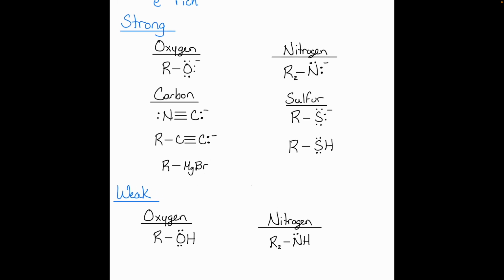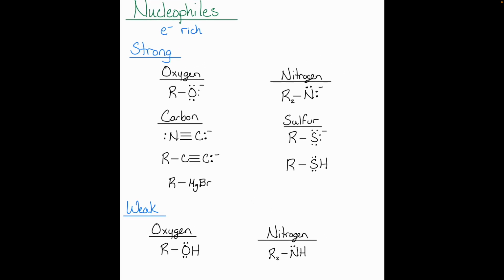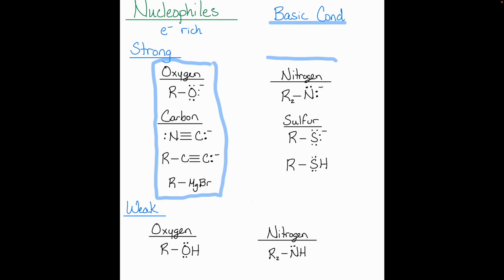What we want to do is look at our nucleophiles and see which ones are going to be compatible under basic conditions. All of our strong negatively charged nucleophiles are going to be compatible under basic conditions.